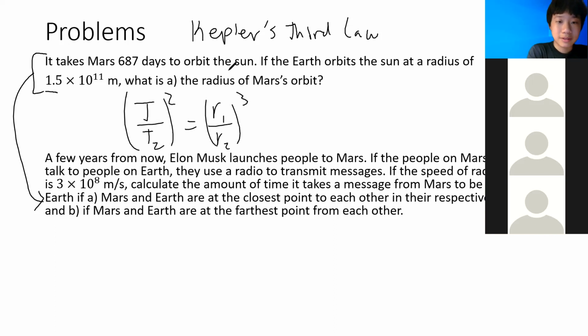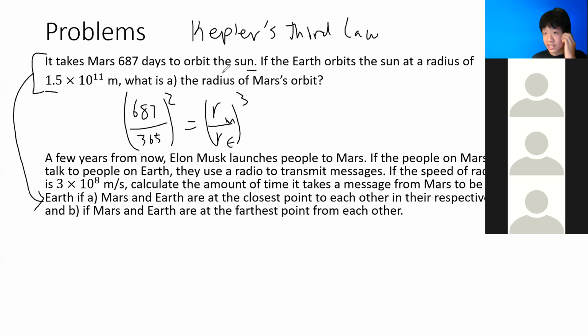If we replace T1 and R1 with T of Mars, R of Mars, and then T2, R2 with T of Earth, R of Earth. We're given Mars's period and Earth's radius. We also know that it takes the Earth 365 days to orbit the sun, so that's the period of Earth's orbit. So this breaks down into 687 days over 365 days.